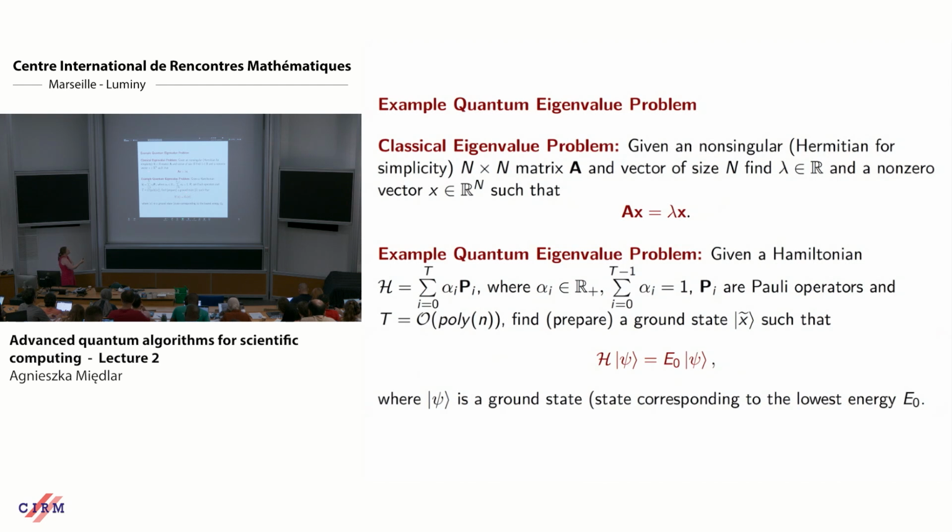We assume there is normalization, so all the alphas will be positive and sum to 1, and the sign of the Pauli will be in the P_i component, and we will try to approximate a ground state. So the state corresponding to the ground state energy, the smallest eigenvalue of the Hamiltonian. You have seen this problem several times already, but I want to demonstrate the technique, so I need some example that everyone is familiar with.